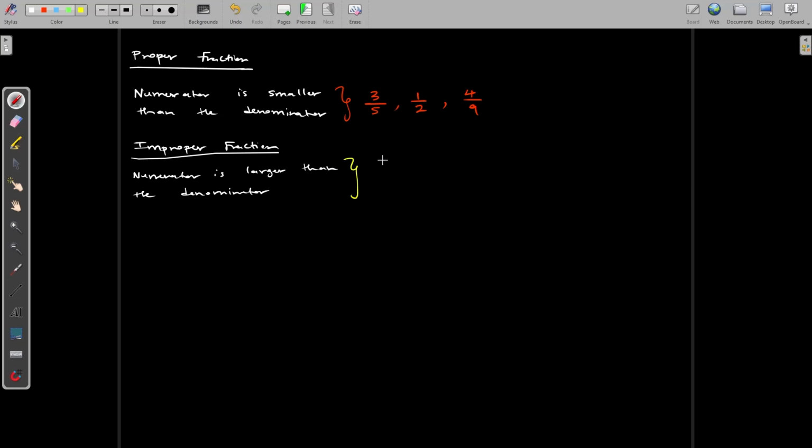Some examples of this would be 8/3, So these would be examples of improper fraction. So a mixed fraction, so this is a combination of a proper fraction and a whole number.